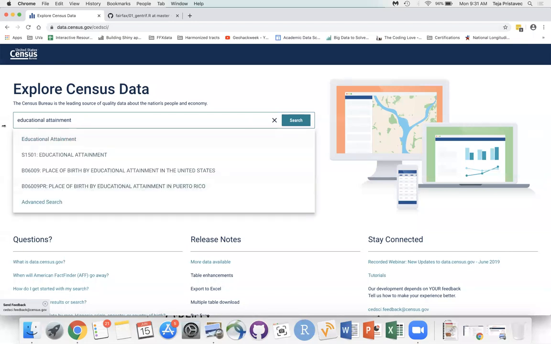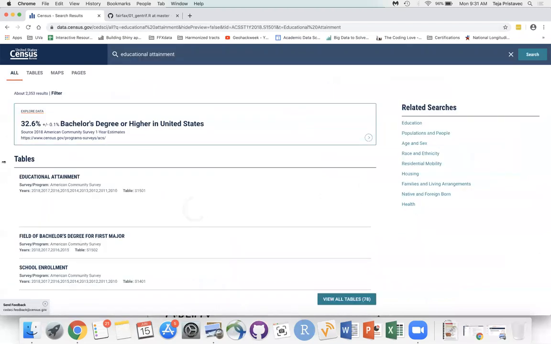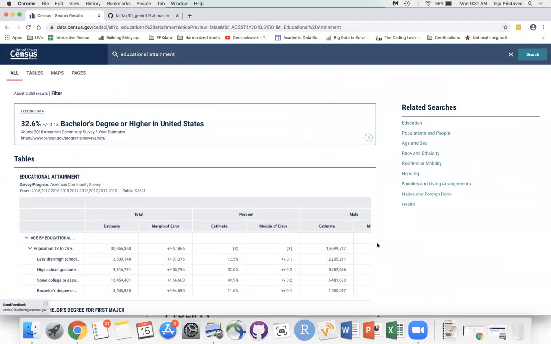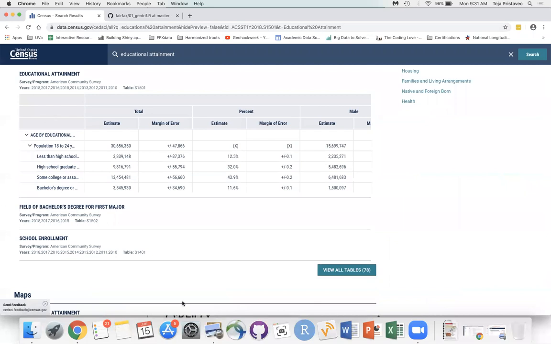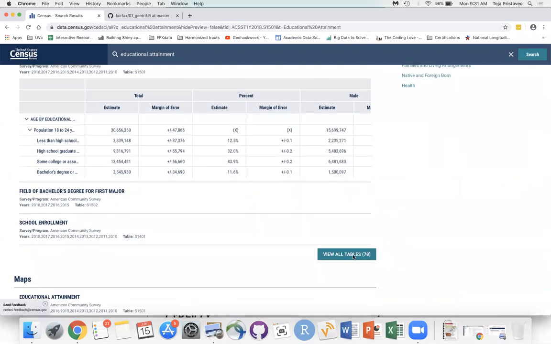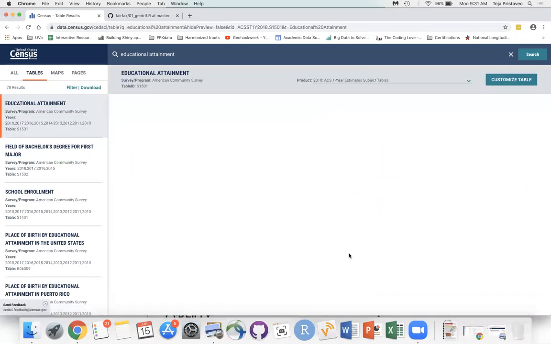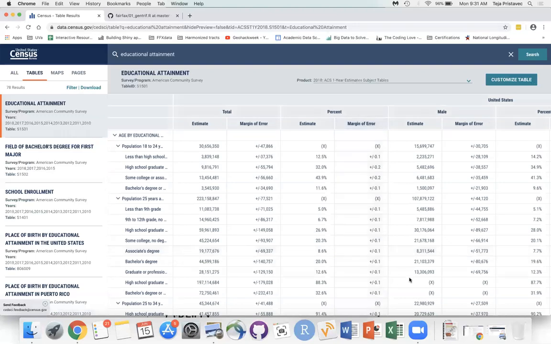I'm just going to leave it here, not select anything that's suggested, and say search. Then I get a bunch of results, and typically I'll be interested in tables. I'm going to skip what it's showing me here, and I just want to view all the tables that are associated with educational attainment. And I get this portal here that is very confusing because it has a lot of information.